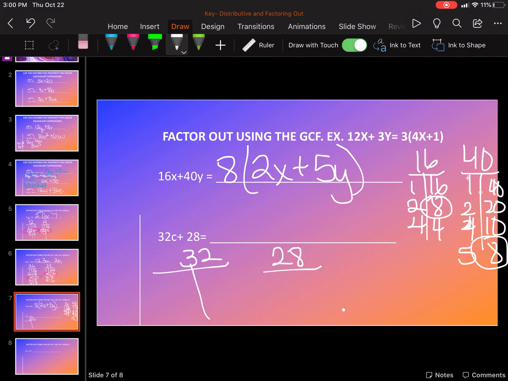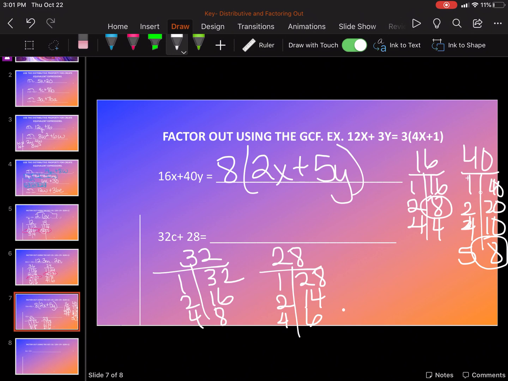32, 28, 1 and 32. 2 and 16. 3 doesn't work. 4 and 8. 5 doesn't work. 6 doesn't work. 1 and 28. 2 and 14. 4 and 6.